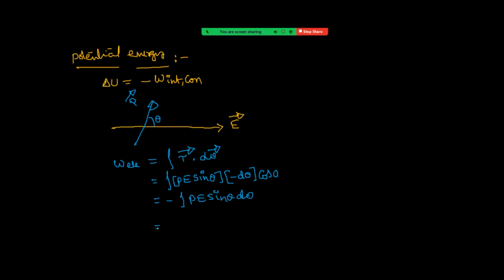The integration of sin theta d theta is minus cos theta; minus minus becomes plus, so the remaining is PE cos theta, with limits from theta 1 to theta 2. That means this becomes PE into cos theta 2 minus cos theta 1. Right, let us continue.